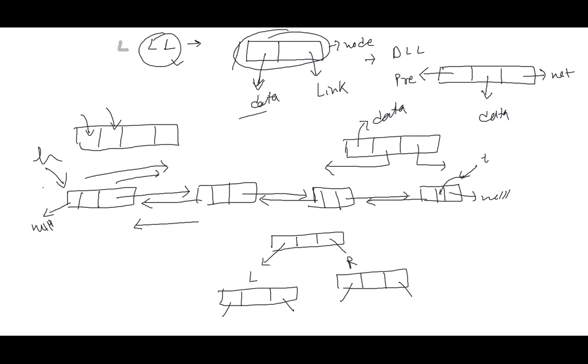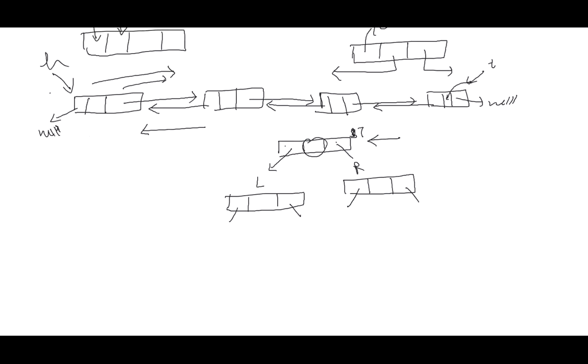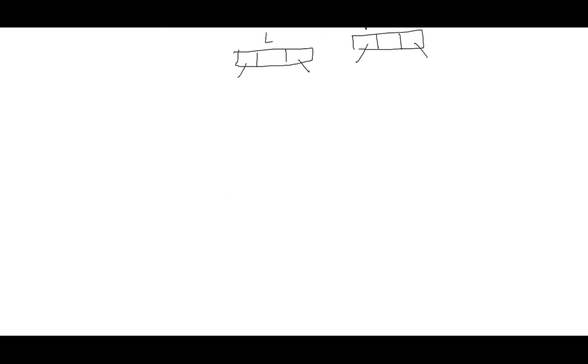This is known as a hierarchical data structure, or we can say a tree. If we have only two extra fields apart from the data, then it is known as a binary tree, right? Let me scroll down so that you can have a fresh page. So if we have a structure like this, with two fields, it is known as a binary tree.